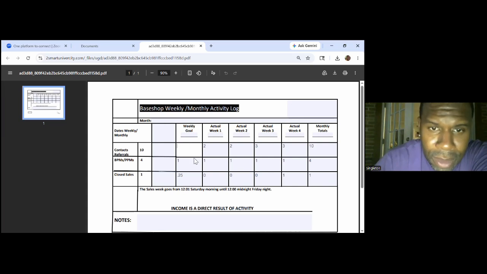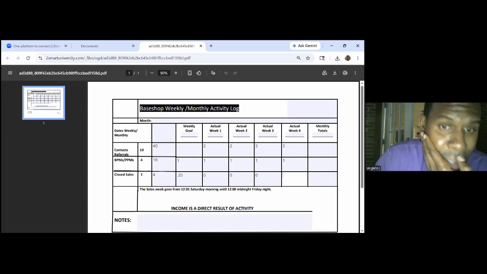So it's 40, 16, 4. Then we divide by 4 weeks. So we're going to need to get 10 names and numbers a week.